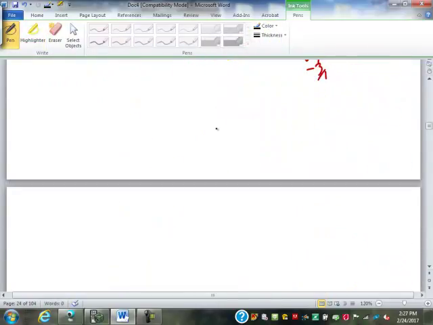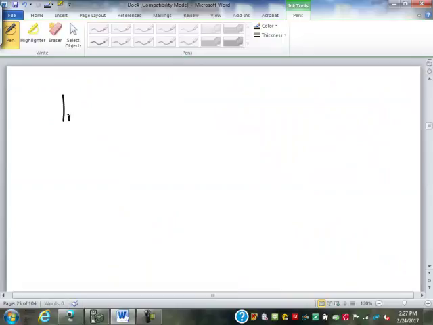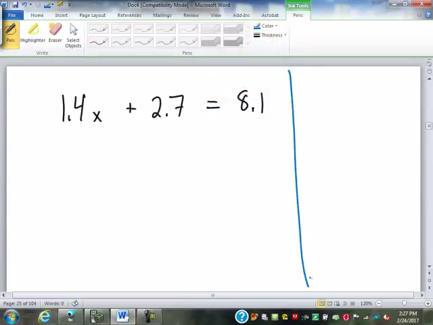Similar to that, we can run into something like this. So again, this looks uglier because it has the decimals in it, but this is no different than having 2x plus 3 equals 11.